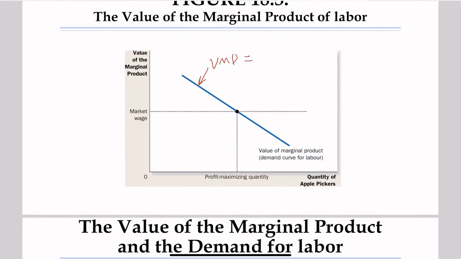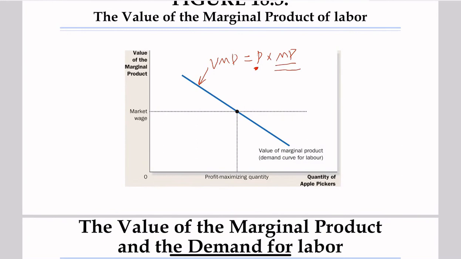Because we know that value of marginal product equals price times marginal product. So price is just a fixed number because this firm is a price taker. However, we have learned the diminishing marginal product, right?